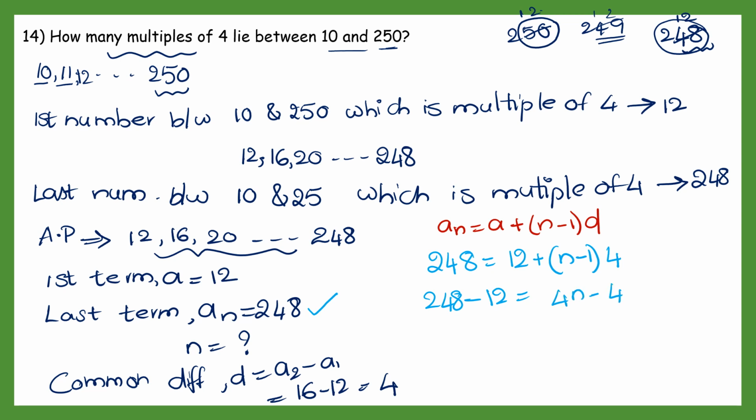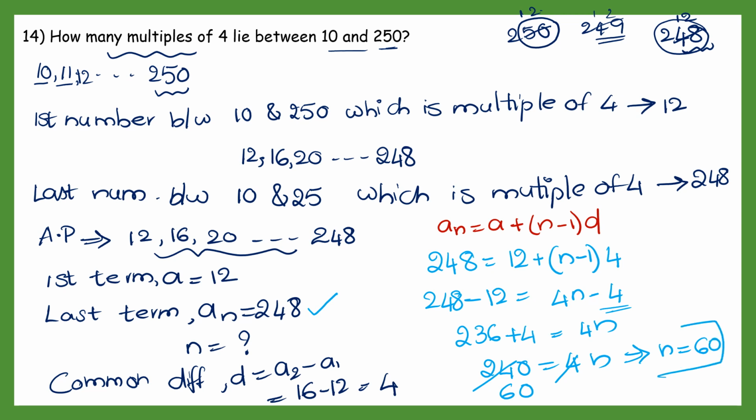248 minus 12. 248 minus 10 is 238, minus 2 you get 236. This minus 4 on the right side, if it goes to the left side, it will become plus 4. 236 plus 4, 240 is equal to 4n. 4 sixes are 24, so 60. That means the value of n is 60.